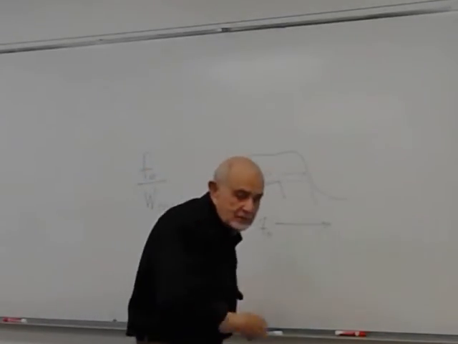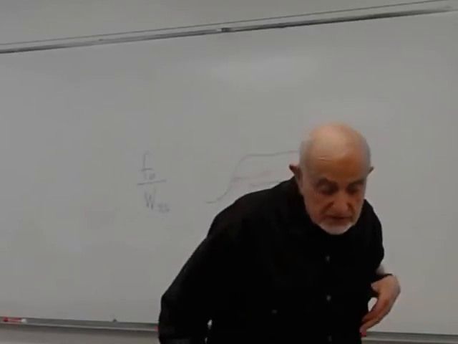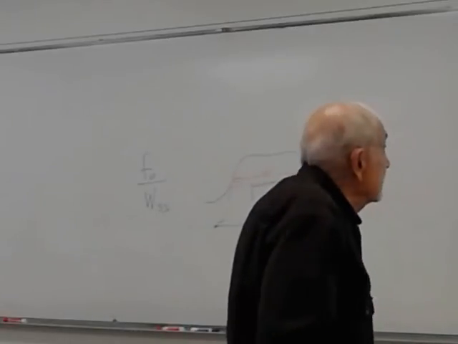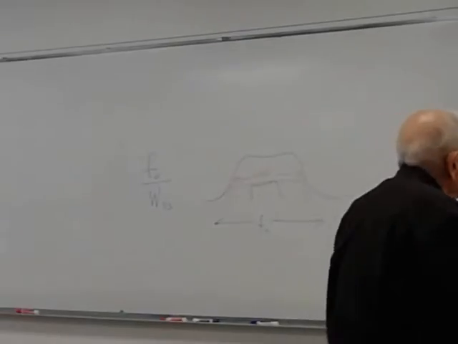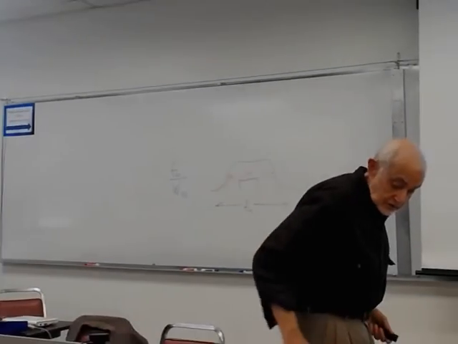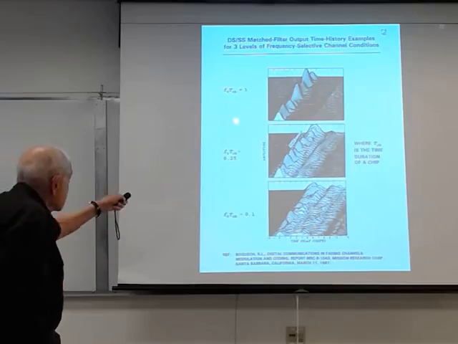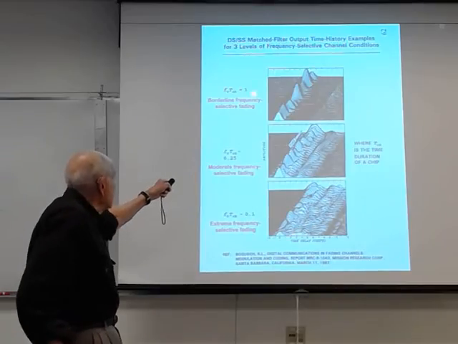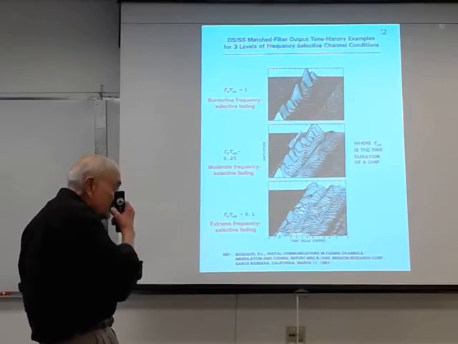So the picture, the first slide shows you here that when f sub 0, and every time you see this, you can replace it by this ratio, and the ratio of f sub 0 to the spread spectrum bandwidth is 1. That's like a borderline frequency selective fading.